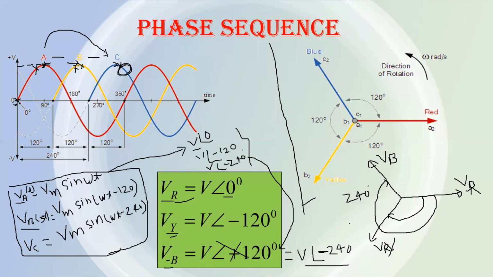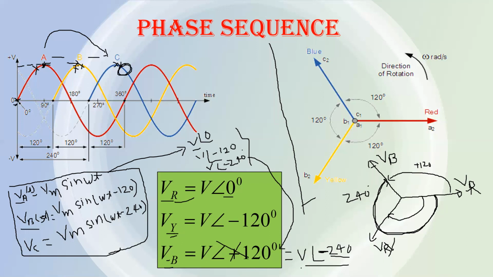Now, if you measure the angle in the clockwise direction, then vector VB will appear after an angle of 240 degrees in the clockwise direction, so you can write minus 240. But if you measure the angle in the anti-clockwise direction, then vector B will come only after 120 degrees, and in the anti-clockwise direction you have to use the plus sign.